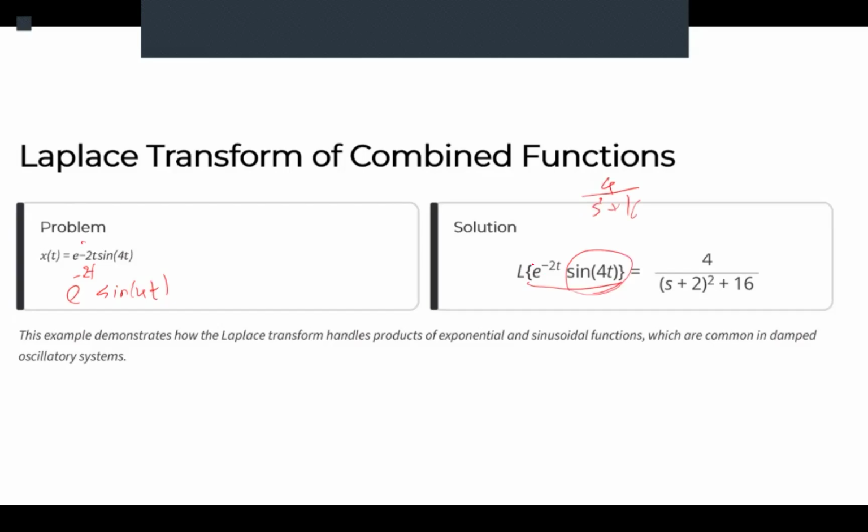Now, that e to the power of minus 2t, we define as a shift in s. Because of that, s becomes s plus 2, and we replace that in the function, so the whole Laplace becomes 4 over s plus 2 squared plus 16. Are we good?